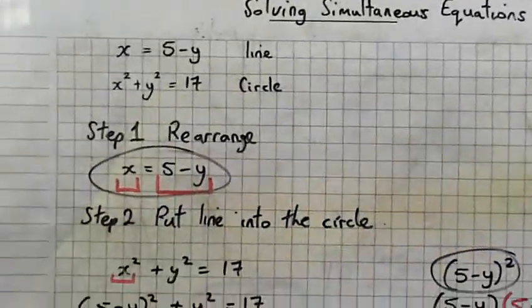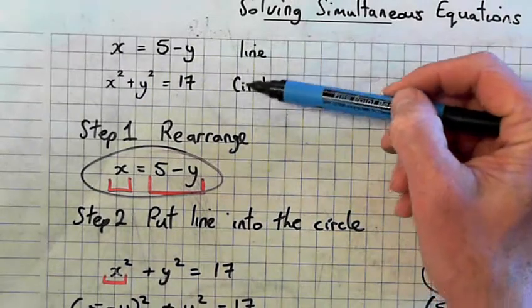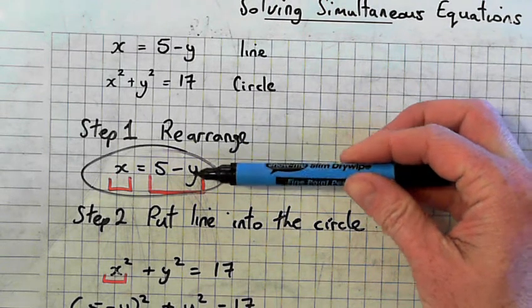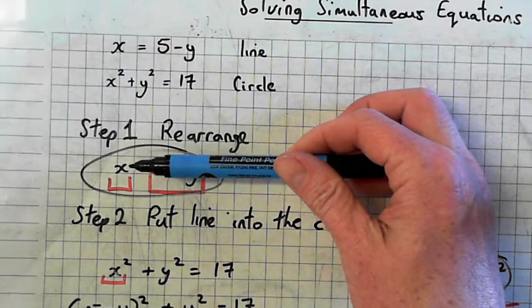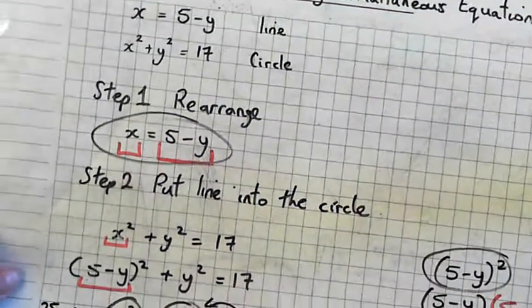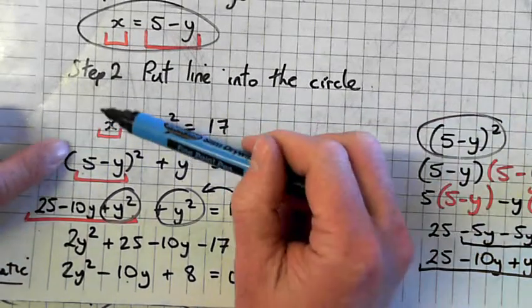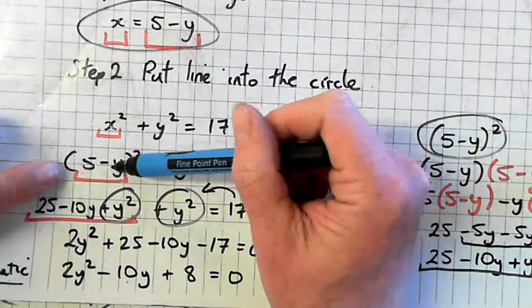So, right, just quickly. So the line equation and the circle equation. Step 1, rearrange the line equation. So that means that either x or y needs to be on its own. Step 2, put the line into the circle. So write down the circle equation and replace, in this case we replace x with 5 minus y.